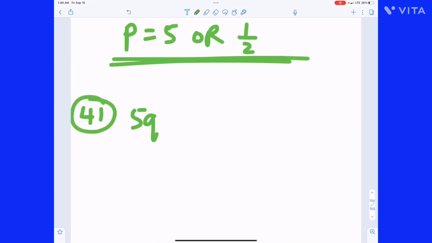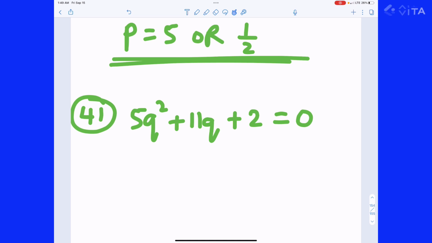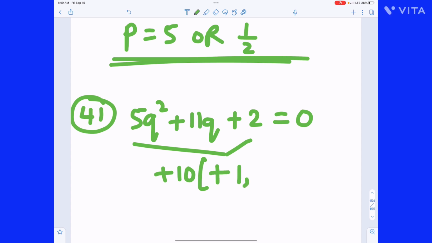So here, what am I supposed to do? 5 times 2, I'm supposed to do 5 times 2 is 10. What factors of 10 do we add to give plus 11 and multiply to give plus 10?